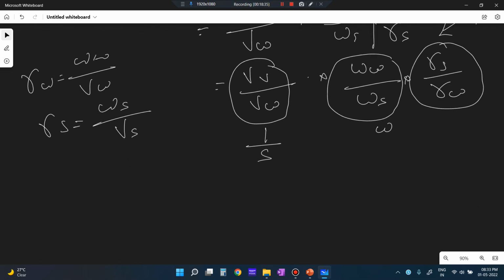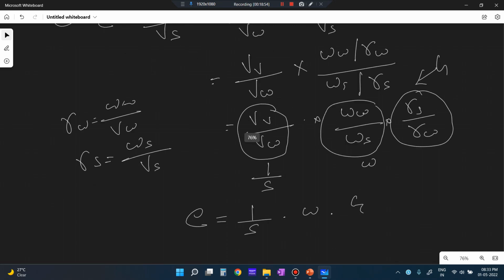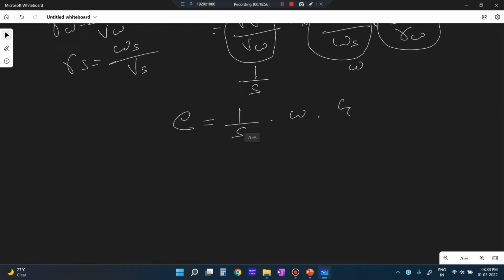So we can write e is equal to 1 by S into water content into G. This is a very important relationship. eS equal to water content into G.